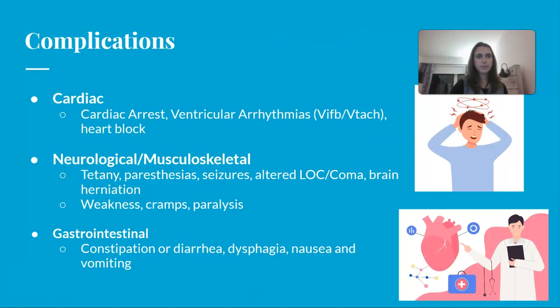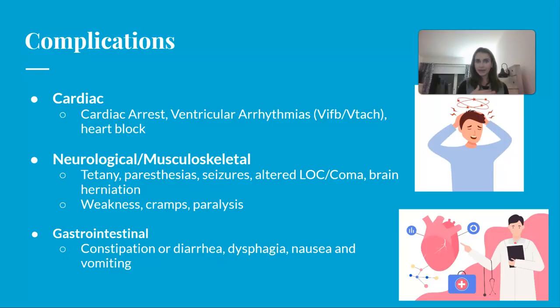I'll move ahead. So complications, I kind of summed them all up here. Cardiac, these are going to be our biggest concerns, right? We have cardiac arrest or asystole, ventricular arrhythmias, VFib or VTAC, and some heart block. And what is this most severe with? What are we going to look out for with this? Hyperkalemia, yes, potassium.